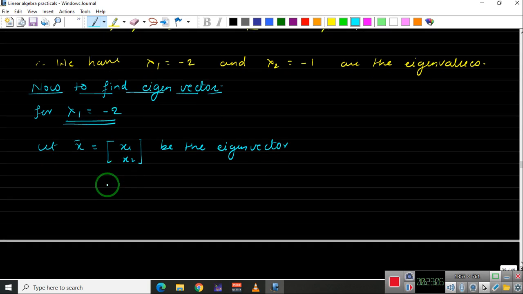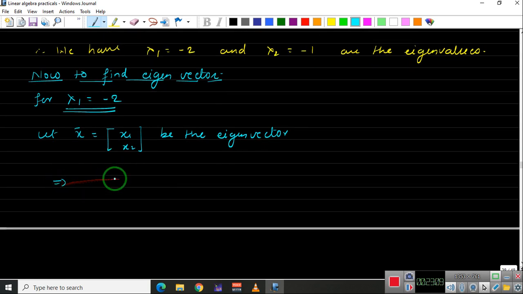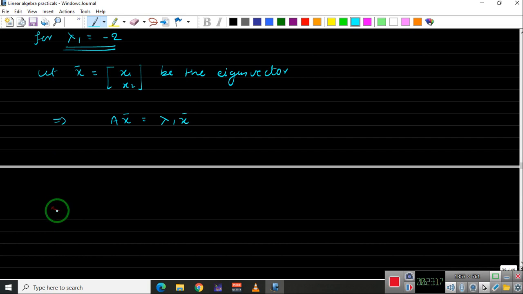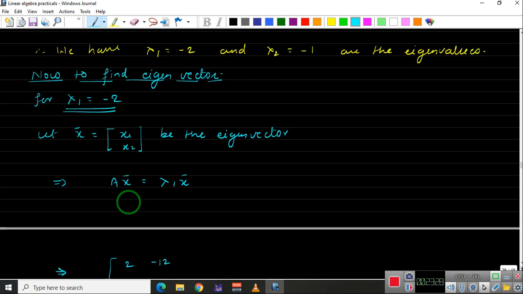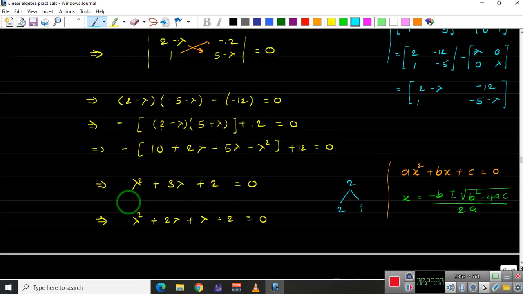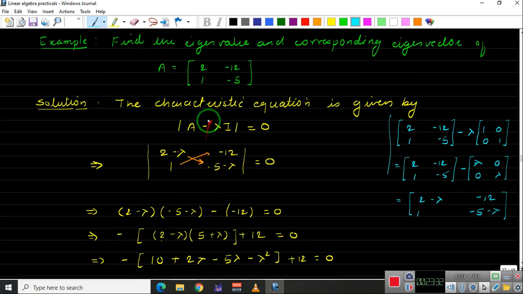If this is the eigenvector, this implies A x bar is equal to lambda 1 x bar. What is A? A is [2, -12; 1, -5].